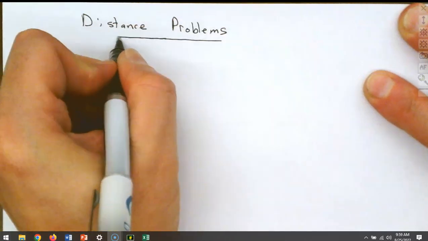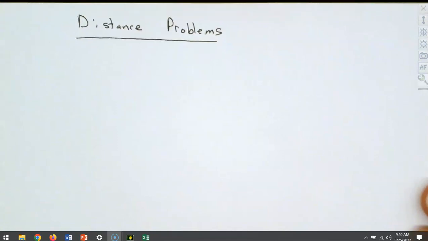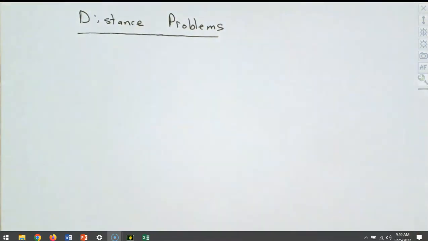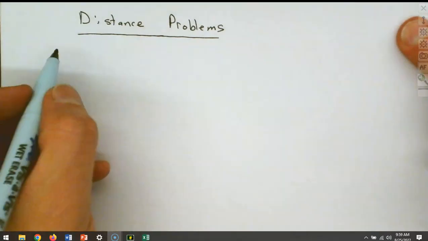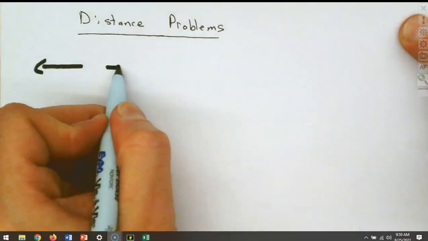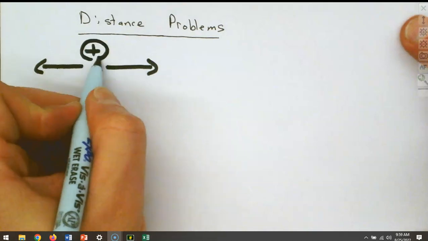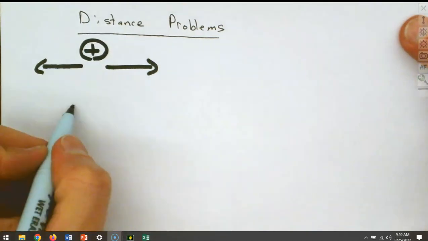Now, when I work through these distance problems, I've got to make sure that I'm careful with the direction. And so I represent these by what are called vectors. Okay, the vectors just tell me the direction. If they're going away from each other like this, so two cars going in the opposite direction, that's going to be addition.